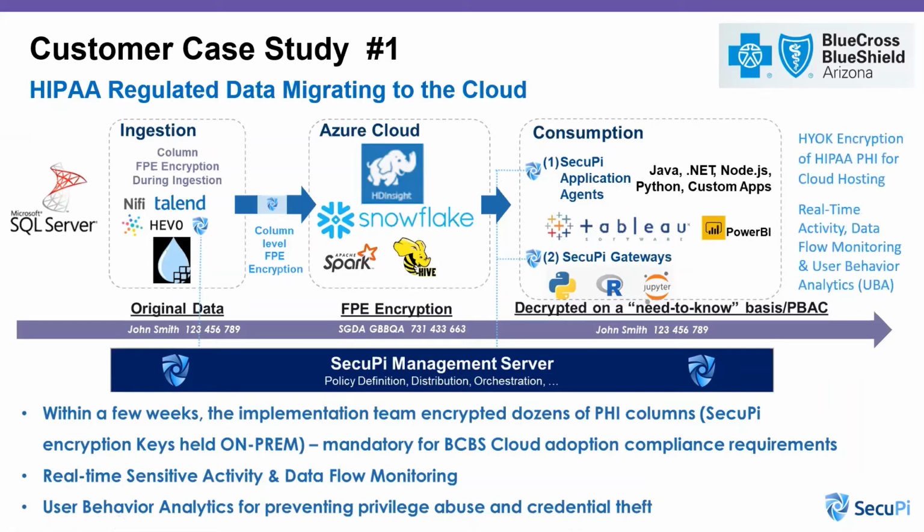And with this particular one with Blue Cross Blue Shield, their key things were, as I mentioned, the hold your own key capability where data is encrypted in the cloud, but the keys are kept on premise. They're never shared with the cloud provider. So you always want to look carefully at any encryption solutions.